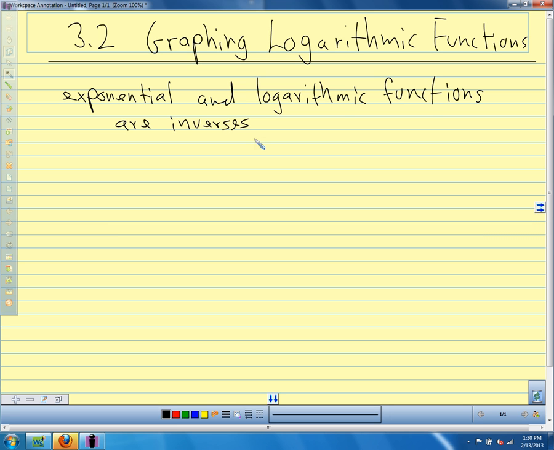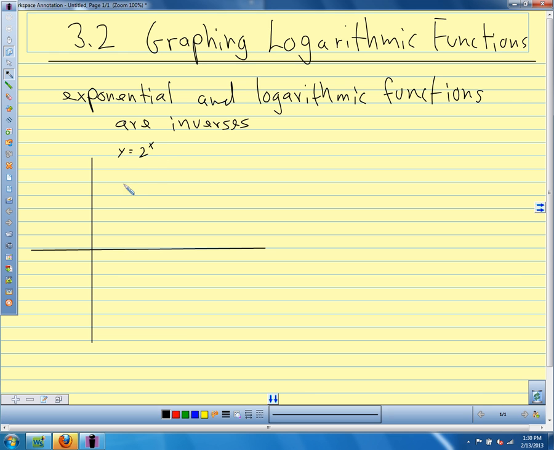So on Monday, is that Monday? Yes, on Monday, we made a graph of, and I'm going to just sketch a quick graph again here. So we want to talk about the graph of exponential or of logarithmic functions. So we made a graph of y equals 2 to the x.